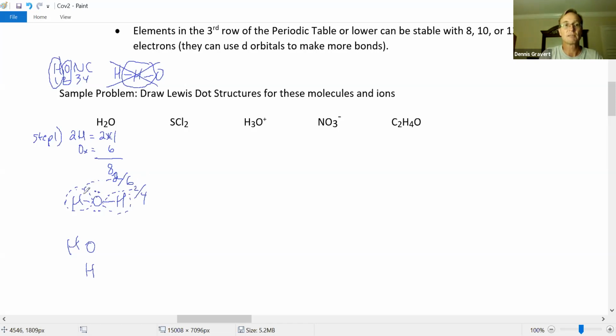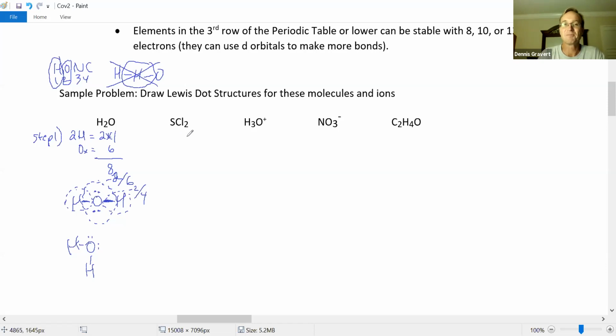The oxygen has access to the 2 pairs above and below, and the 2 bonds left and right. 1 line equals 2 dots, so there's 2, 4, 6, and another line, 8. Yep, octet satisfied. That's a good Lewis dot structure for water. And this one's also a good one, actually a better one, for a reason we'll see in the next video.